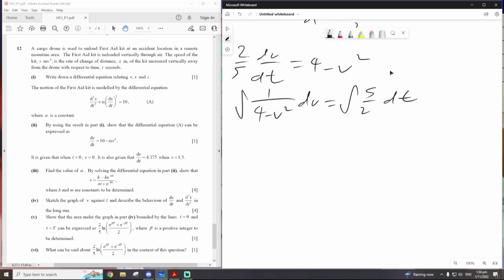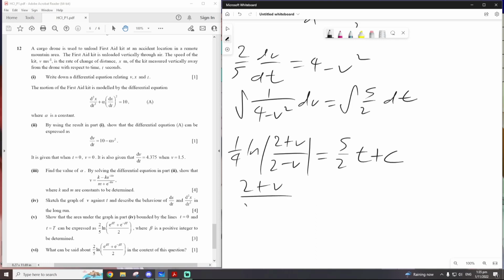The left hand side has a standard integral that you can find in MF26. So you will get 1 over 4 ln mod 2 plus v divided by 2 minus v equals 5/2 t plus c, where c is the arbitrary constant.